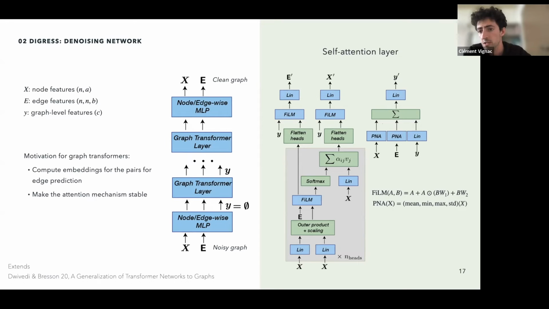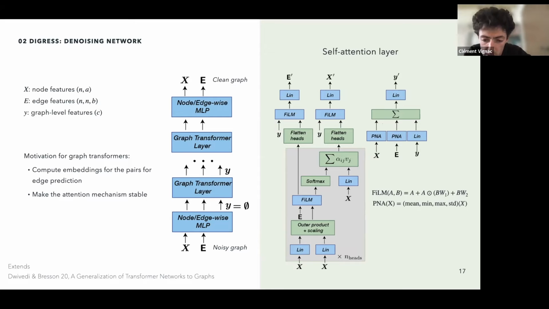There are probably better experts on transformers than me here, but the way I see transformers is a stable way to implement attention so that you can stack a lot of layers and still manage to train them. So we use graph transformer layers, proposed by Dwivedi and Bresson, but we extend them a bit so that they can take as input node features, edge features, and graph level features, and output node features, edge features, and graph level features.